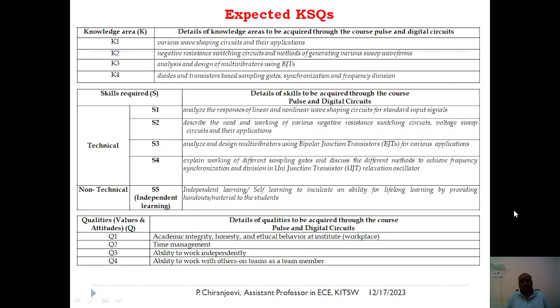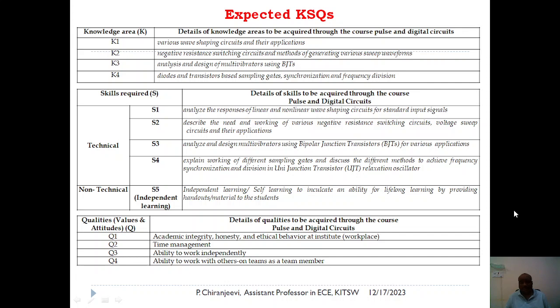And you should be able to analyze and design any multivibrator based on BJTs for different applications, and you should be able to explain the working of different types of sampling gates to achieve frequency synchronization and division in unijunction transistor relaxation oscillator.